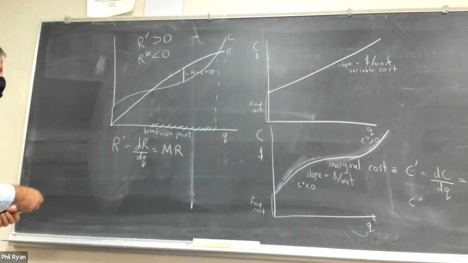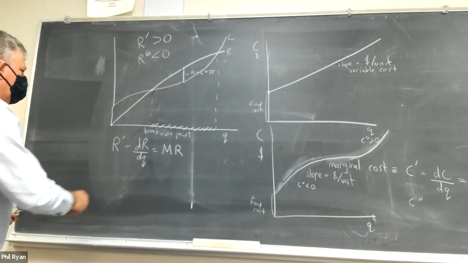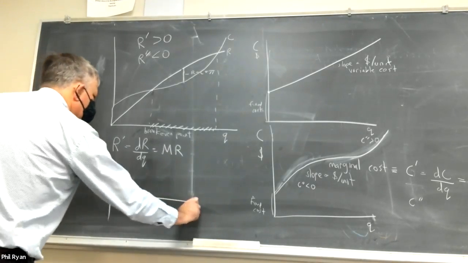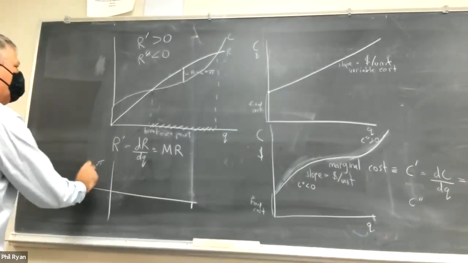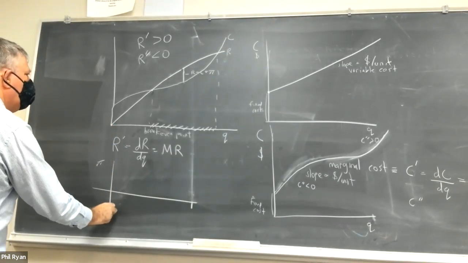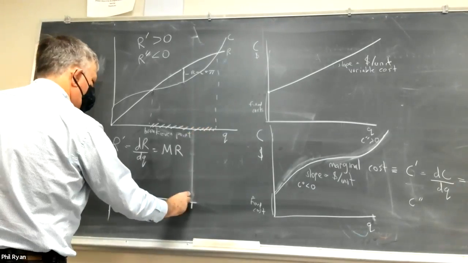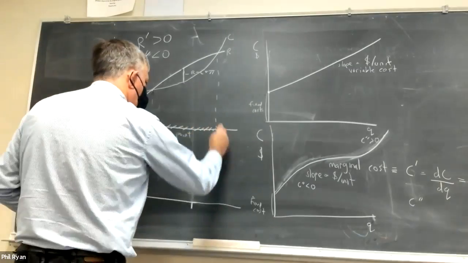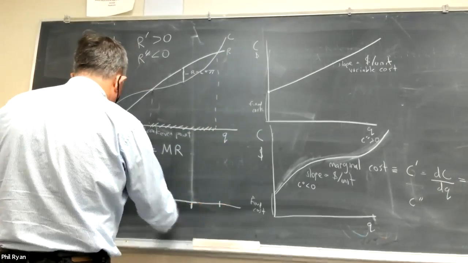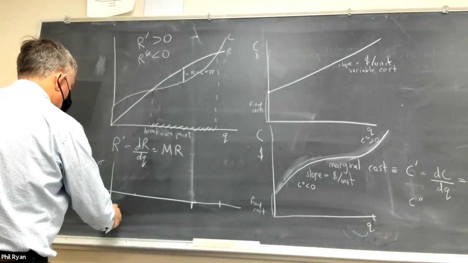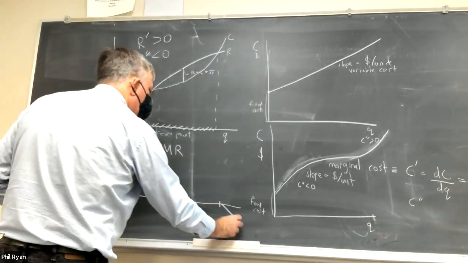And then if we were to actually make a little graph down here of profit, what would it look like? So down here it's negative. Here's our break-even point. Here's the other point here. It's negative there, negative there.